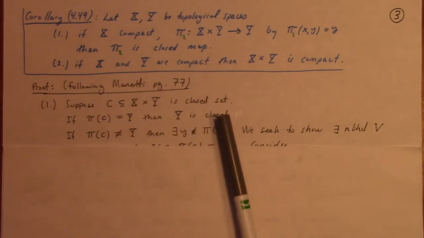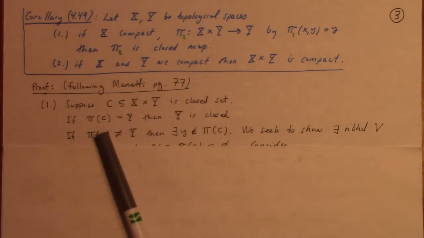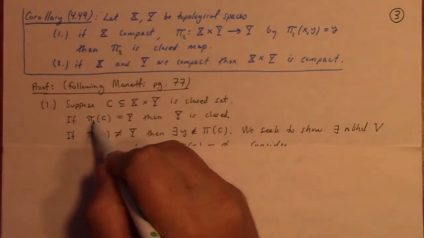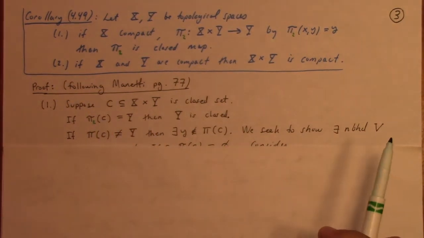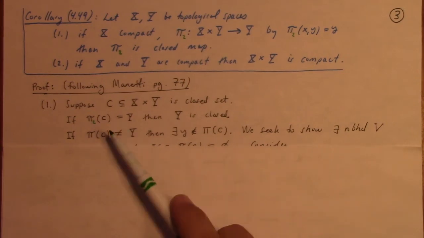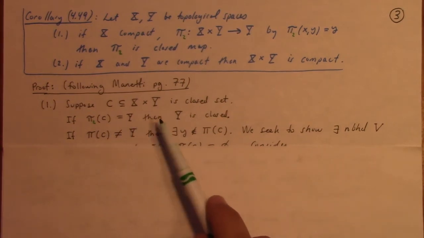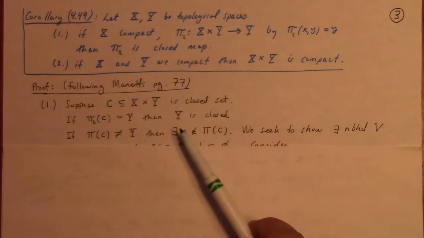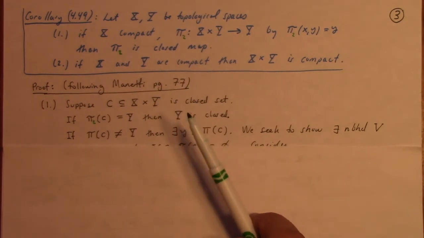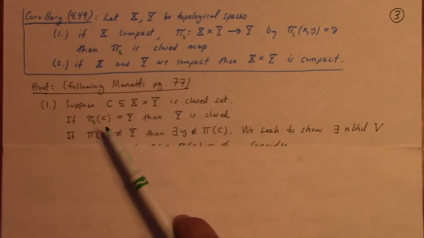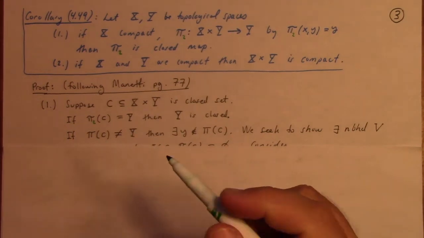So take a closed set C. If pi 2 of C is all of Y, then the whole topological space is by definition both closed and open, so certainly Y is closed, and in that case pi 2 would be a closed map. Great, we've got it.